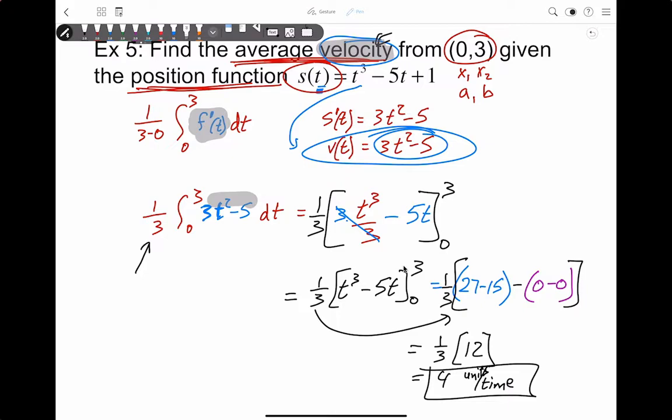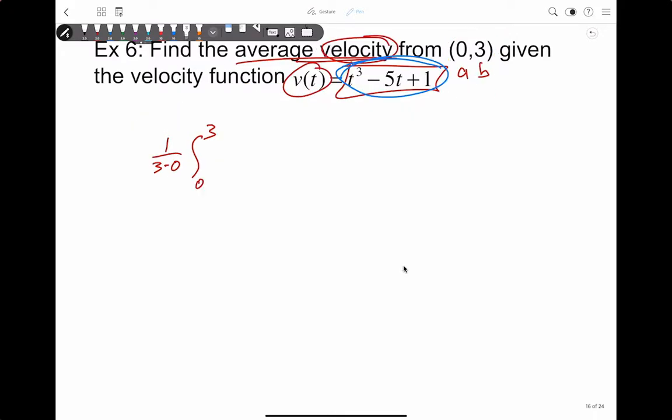Let's just write what we were given because that's our velocity function already. We don't have to do any calculus in order to obtain the velocity function. So we have t cubed minus 5t plus 1. It's all in respect to t, and now we can individually take the antiderivatives. Let me make this 1/3.